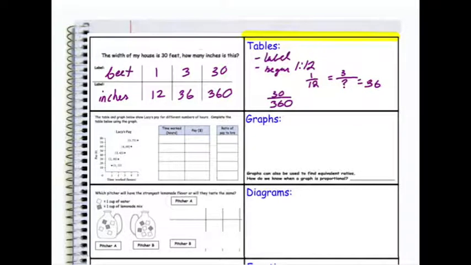When I look at the graph, it says the table and graph below show Lacey's pay for a different number of hours. Complete the table using the graph. So I went through my table and I said, okay, time worked per hours is the first data point, so it goes from 1 to 2 to 3 to 4 to 5. And then it says the pay in dollars.